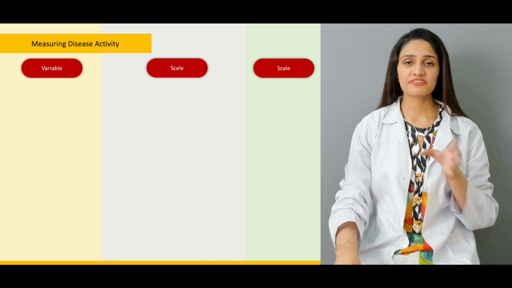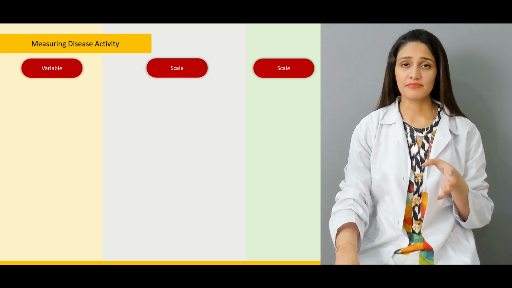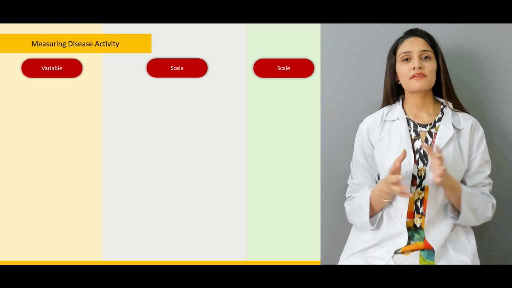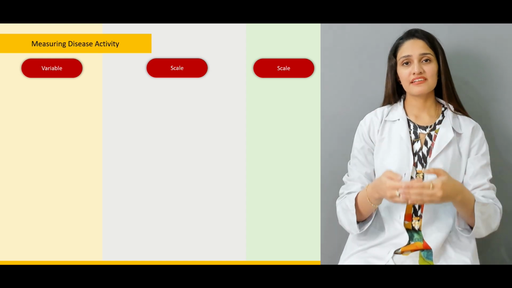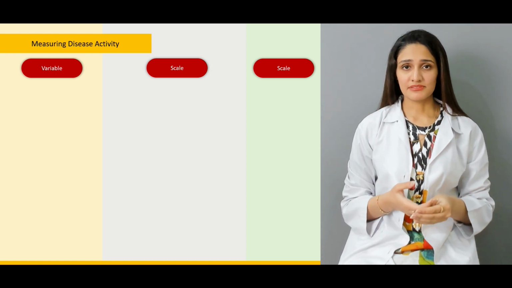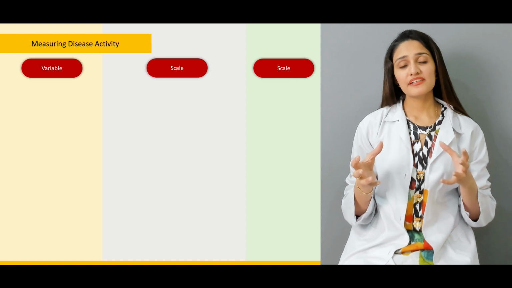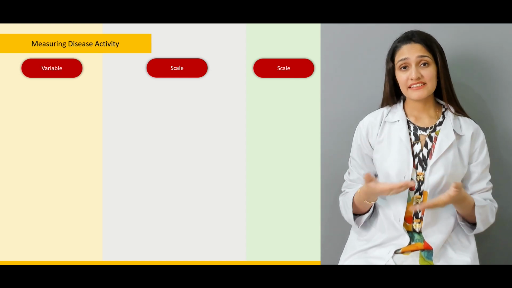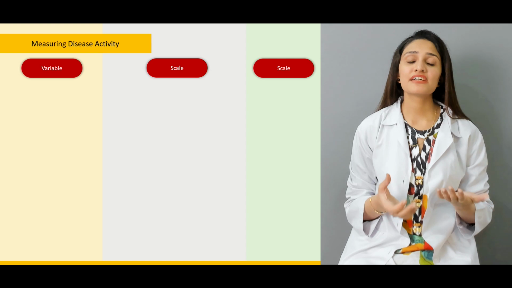So if we specifically talk about the Crohn's Disease Activity Index, we're going to be seeing the different signs and symptoms, okay? And then we're going to be scaling these signs and symptoms. How does the patient present?